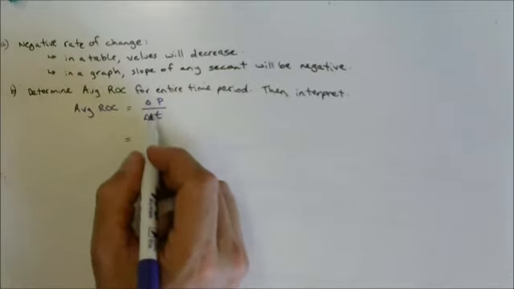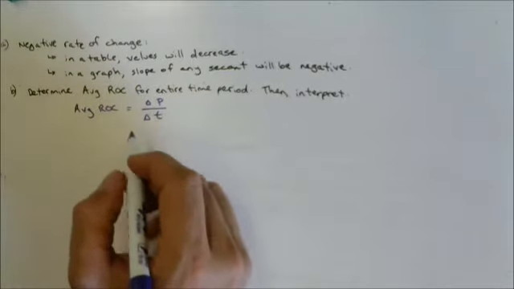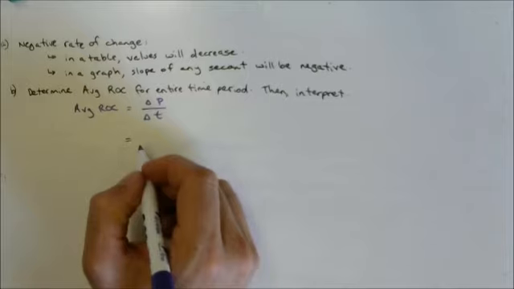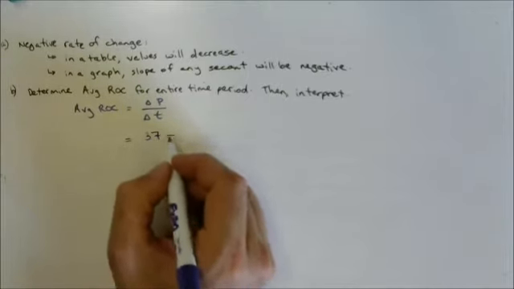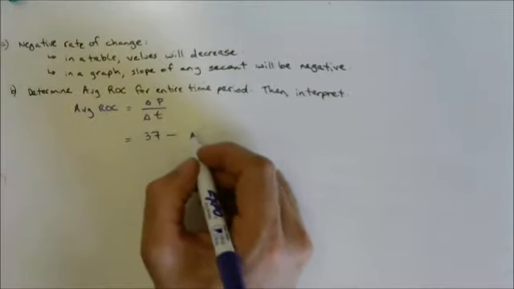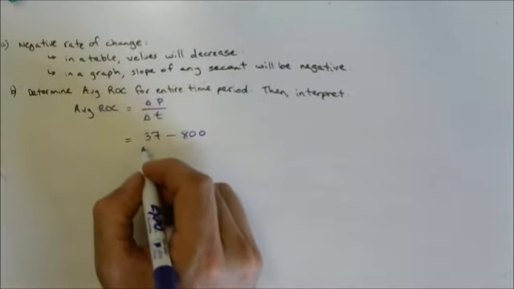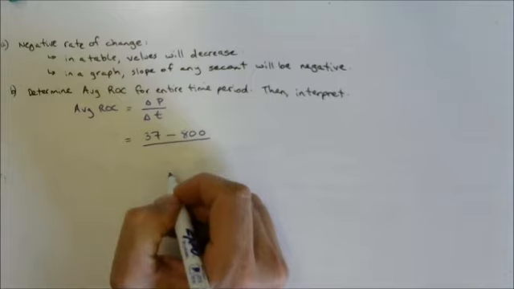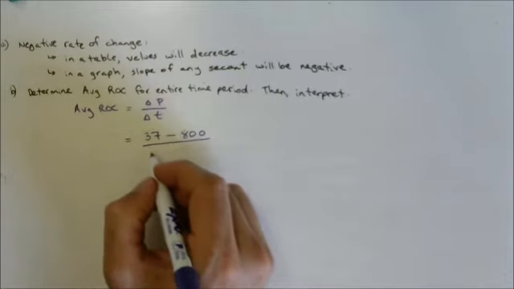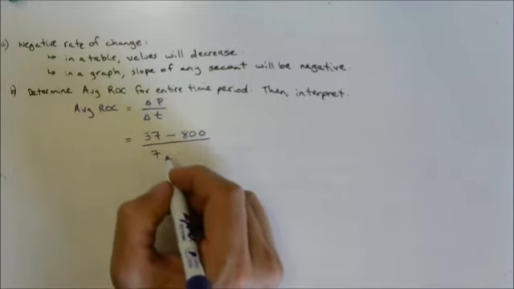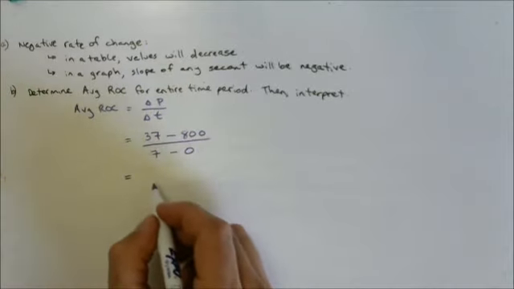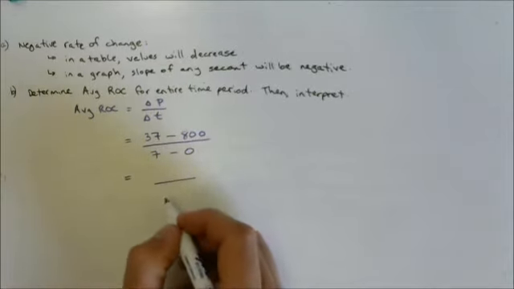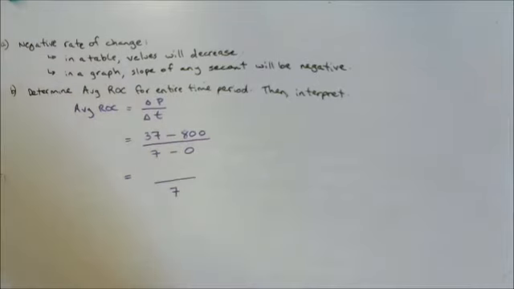In the numerator, we're looking at our population. We take y2, which is 37, and subtract y1, which in this case is 800. In the denominator, you're going from 0 minutes to 7 minutes, so you take x2, which is 7, take away 0. 7 minus 0 is the whole time period. It's 7 minutes.